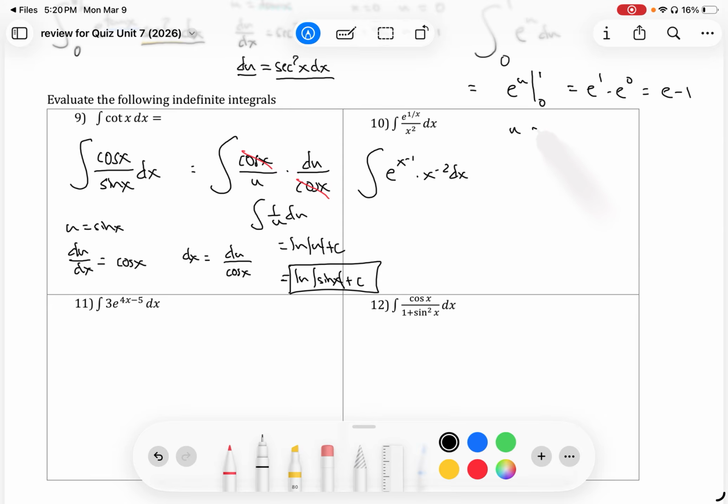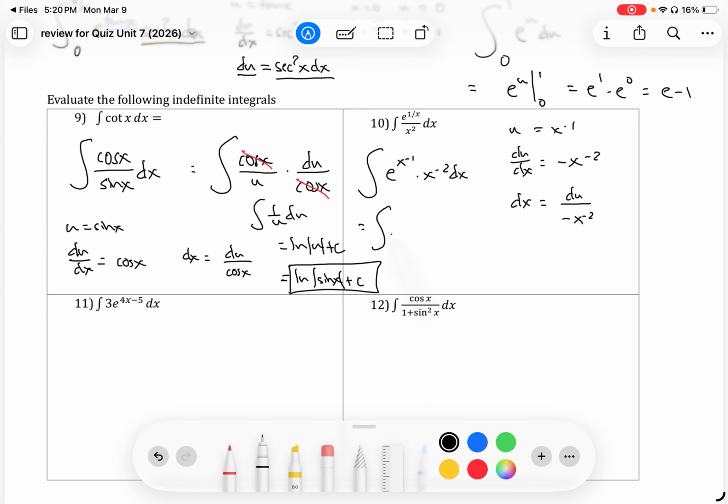So if I let u be x to the negative 1, then du dx would be negative x to the negative 2. So dx is du divided by negative x to the negative 2.